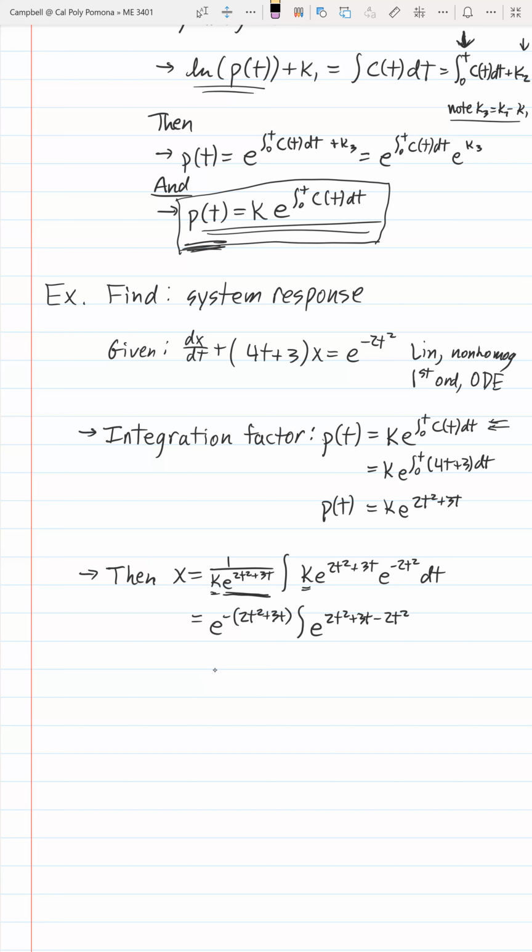That's why I just complimented myself, times dt. And of course, those cancel on out. And then we're just simply left with e to the negative 2t squared plus 3t times the integral e to the 3t dt.